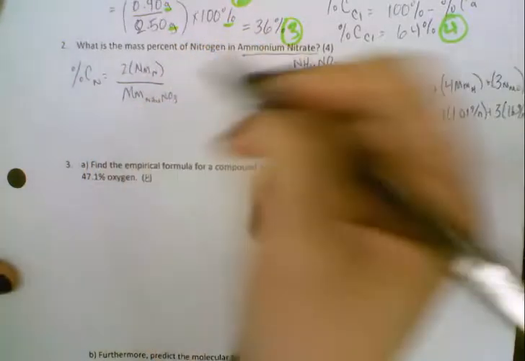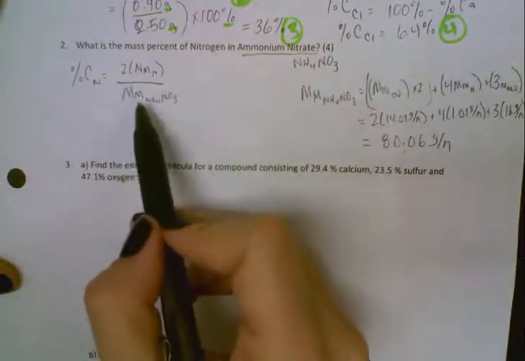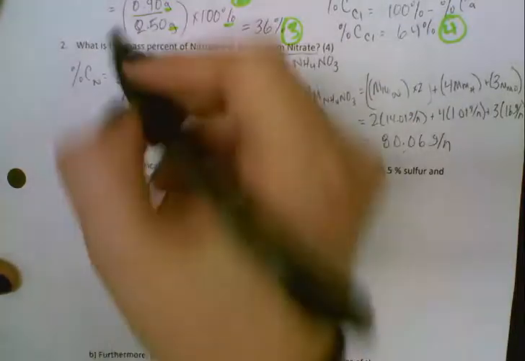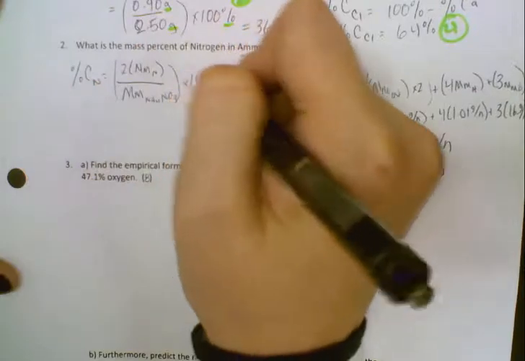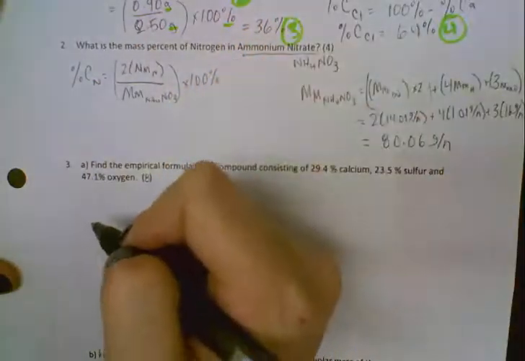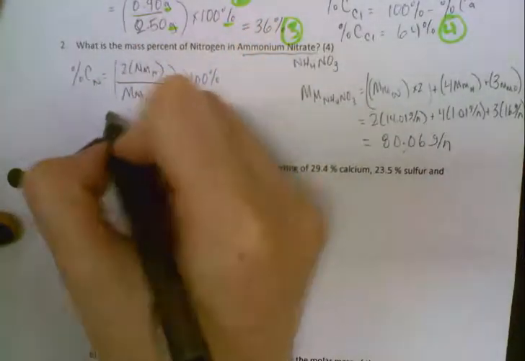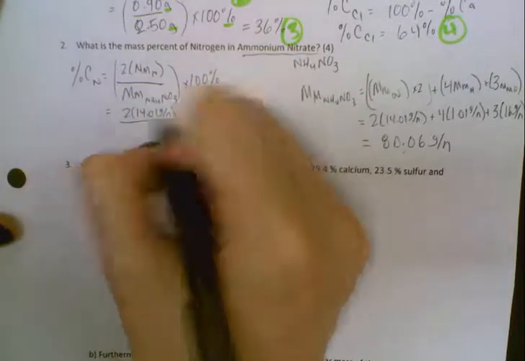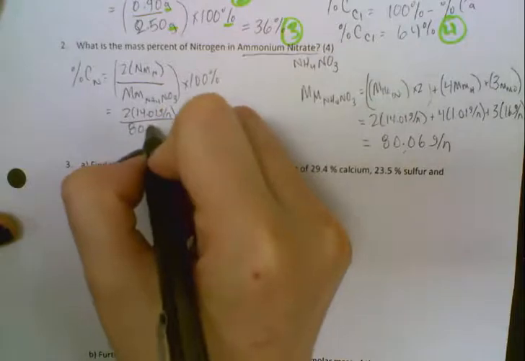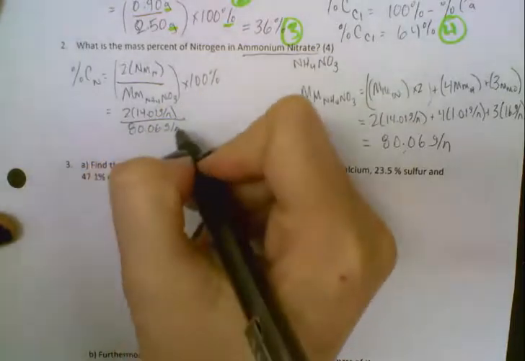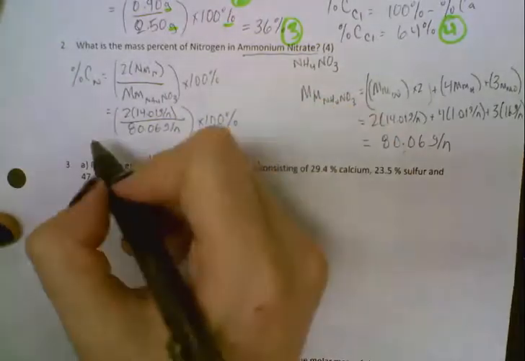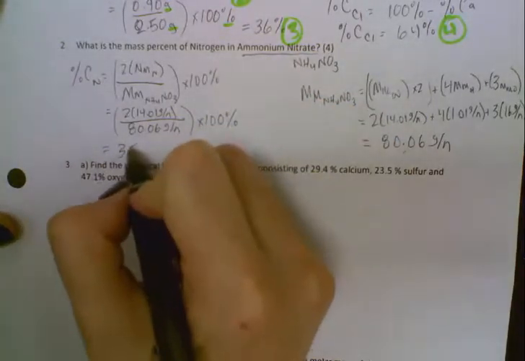We're saying, if I know how much 1 mole weighs, and I know how much nitrogen in that 1 mole would contribute, we can figure out the percent composition. Again, this is going to be times 100%. So this is 2 times 14.01 grams per mole over 80.06 grams per mole, multiplied by 100%, and you're going to get 35%.